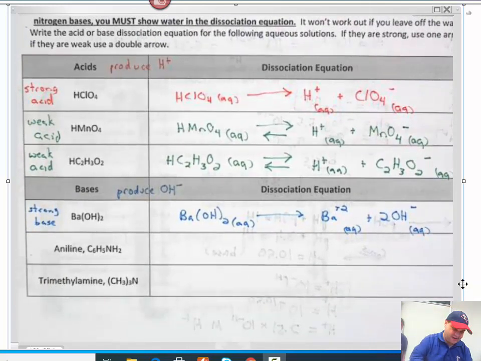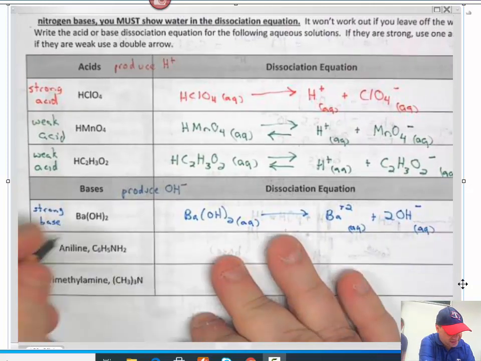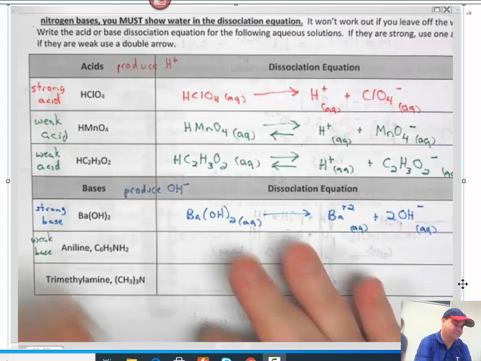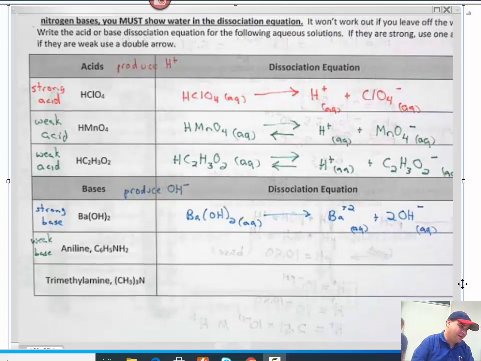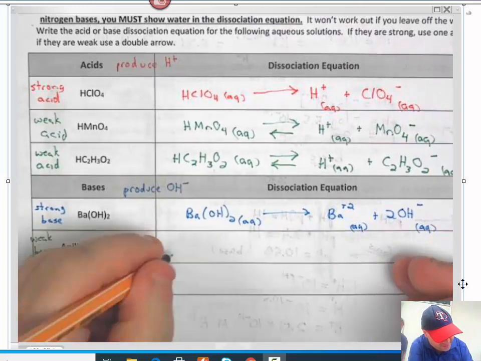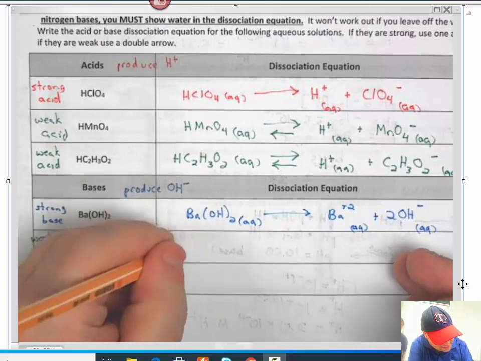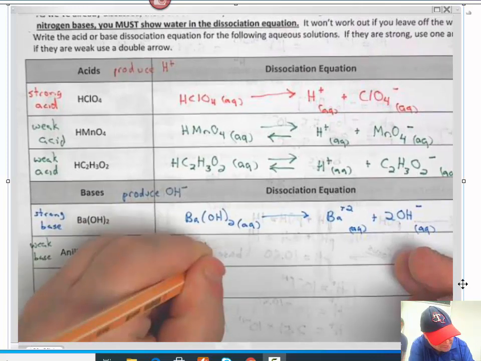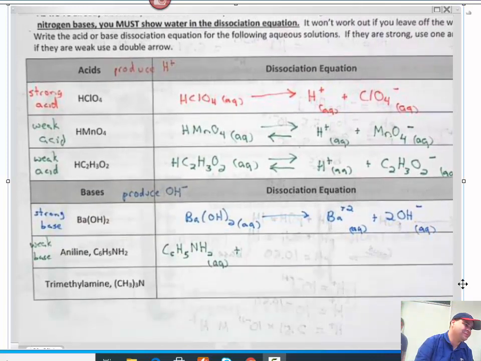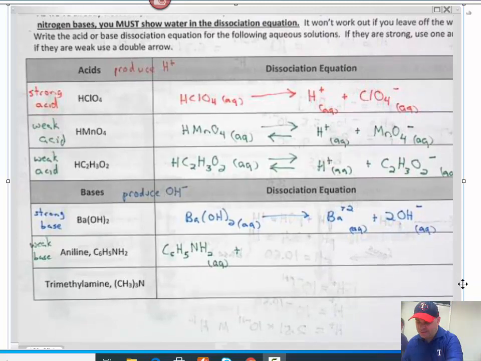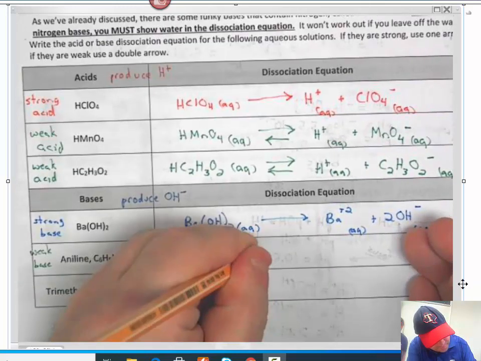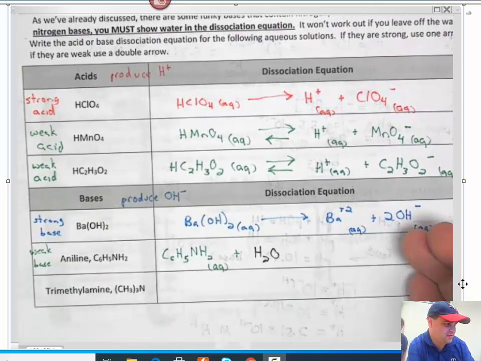Okay, here we go. Now we get to the tricky ones. Aniline. This is a weak base. I see the NH2 in it. That tells me it is a weak base. The problem is we're supposed to produce OH minus. So we're going to start off with C6H5NH2. Okay. I'm going to make that aqueous. The trick to this, there is no OH minus to produce. So this is why we have to have water in these weak base reactions.